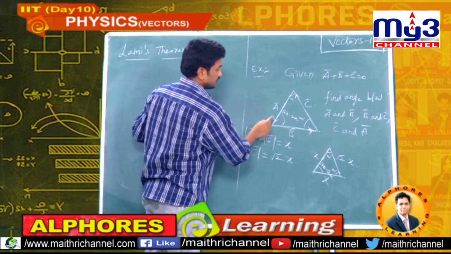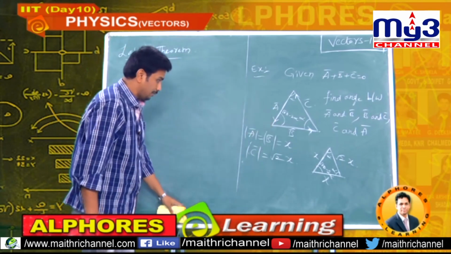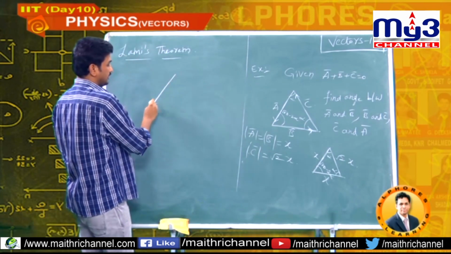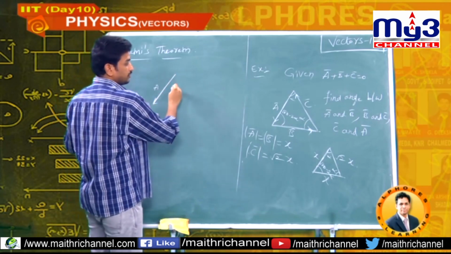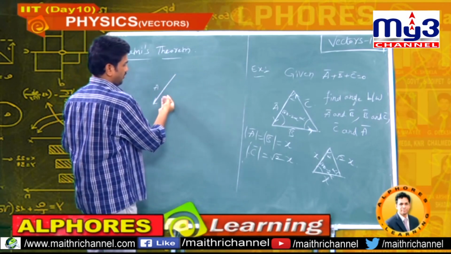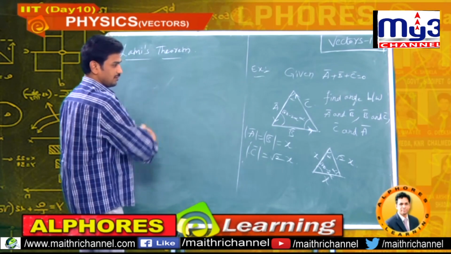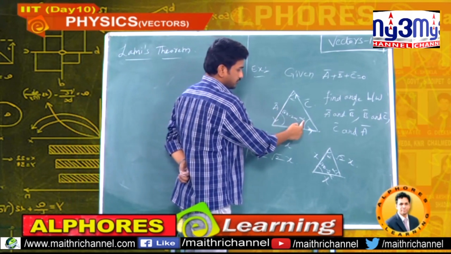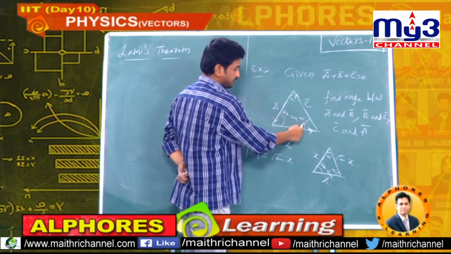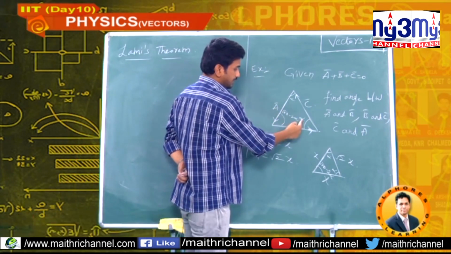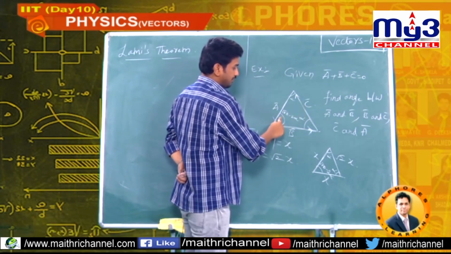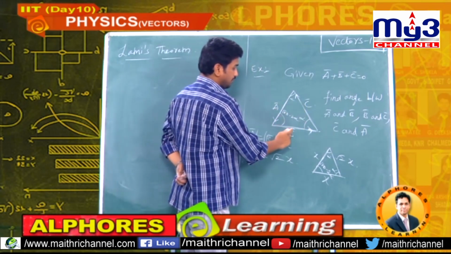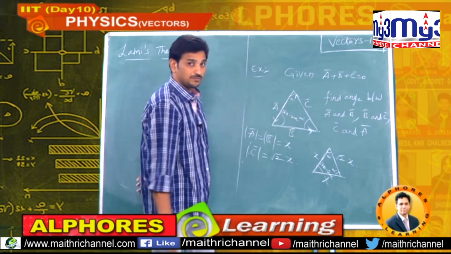Now see here, what exactly is Lami's theorem? See three vectors. This is A. Instead of solving this directly I can write A by sine of alpha, B by sine alpha, C by sine of 180 minus 2 alpha.